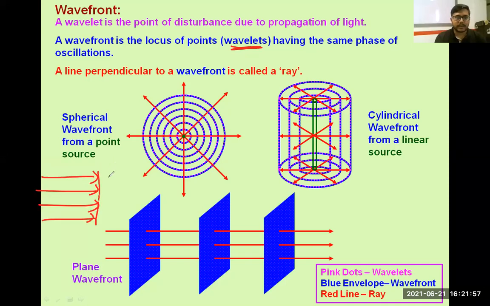So this will form a plane wavefront. Okay, so pink dots are wavelets. Basically, these point sources of light are called wavelets, and the blue envelope is called your wavefront. That is this solid line. This is called wavefront. Okay, and this red colored line is your ray of light.